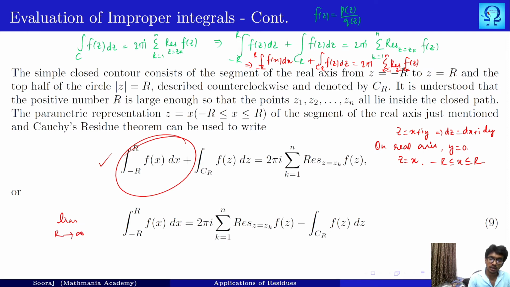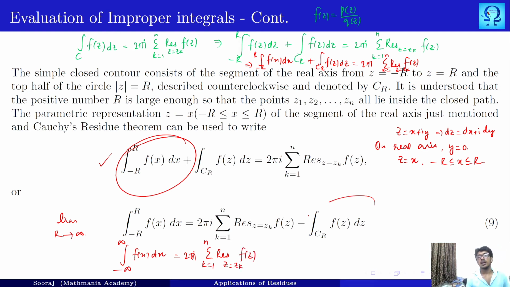Now, if we make r approach infinity, this becomes the integral from minus infinity to infinity of f of x dx, provided the limit exists. This does not involve r, so this is some finite quantity. And this one here is the limit as r approaches infinity of the integral over C_r of f of z dz.